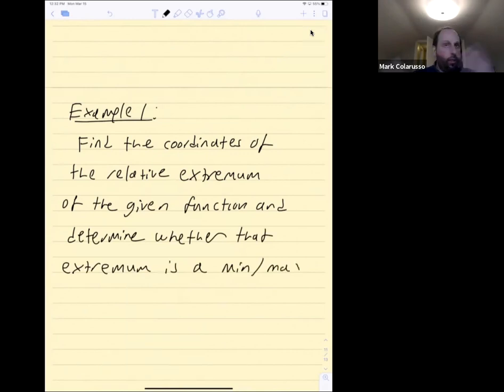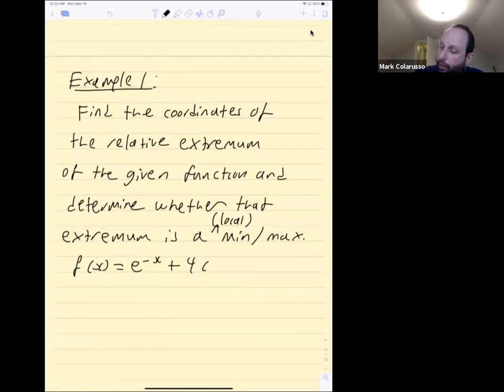Okay, relative min or relative max, I should say, so local min or max. All right, the function that it wants us to handle is f at x equals e to the minus x plus 4 times x.